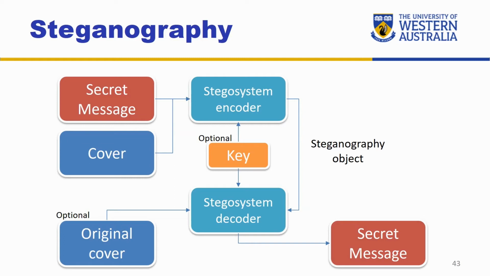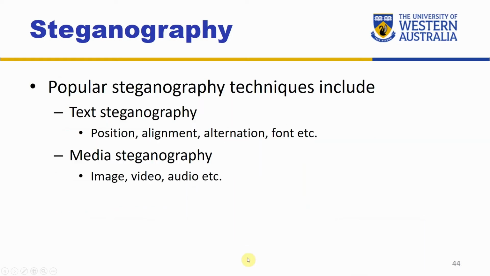Optionally, we can add the key in, and optionally, we can also add the original cover. Once the encoder encodes the secret message into the cover, this is what we call a steganography object, or simply a stego message. On the receiver side, the decoder is used to retrieve the secret message.